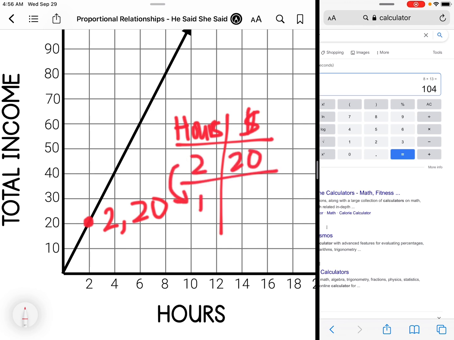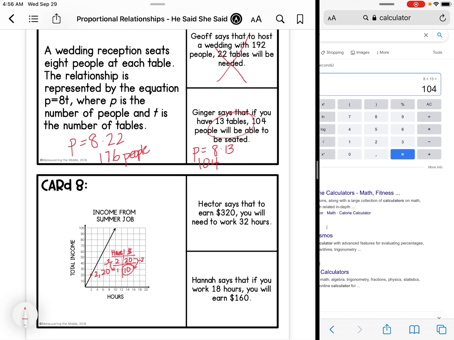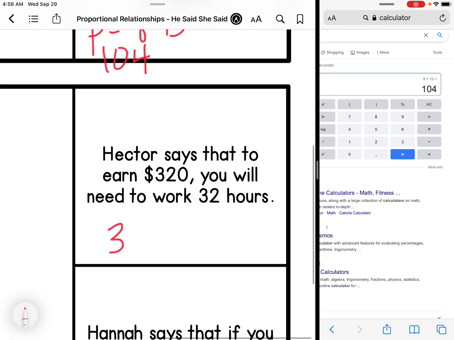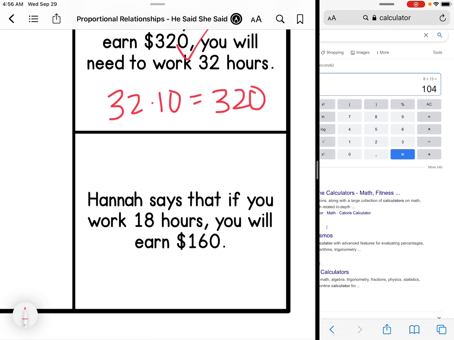So 1 hour is going to be $10. So I get $10 an hour. So 32 hours times 10 equals 320. 18 times 10 is going to give me 180.